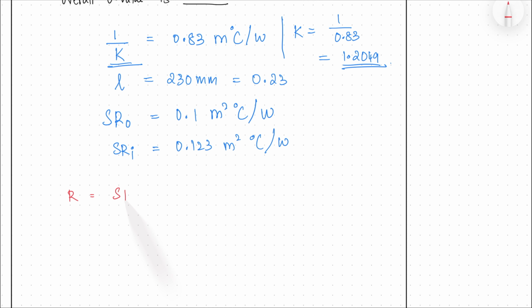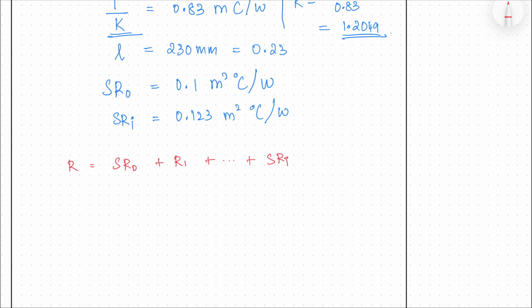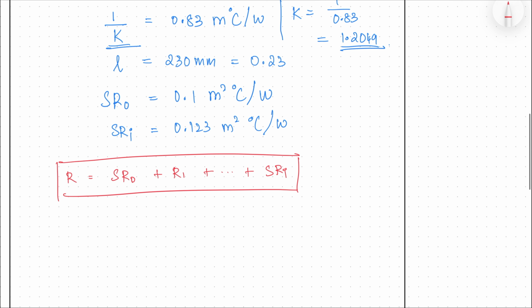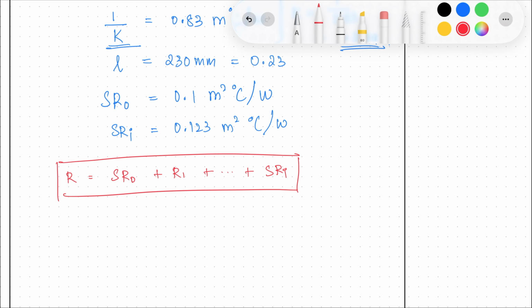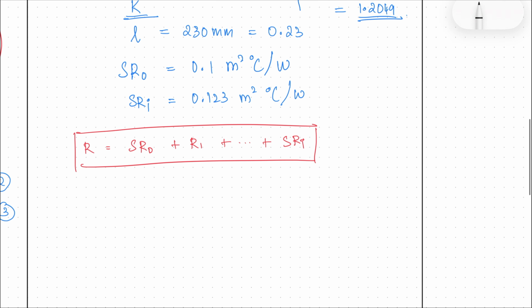So you'll just add the surface resistance of the outer surface plus R1 plus so on, and lastly the surface resistance of the inner surface. And here they have mentioned both the surface resistances of the internal and the outer surface, so that you can add directly. For the layer of the brick wall alone, we have to do it in the 1 by U way. Okay, so let's do it.